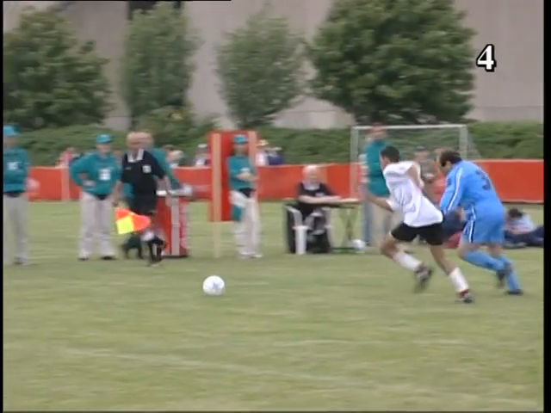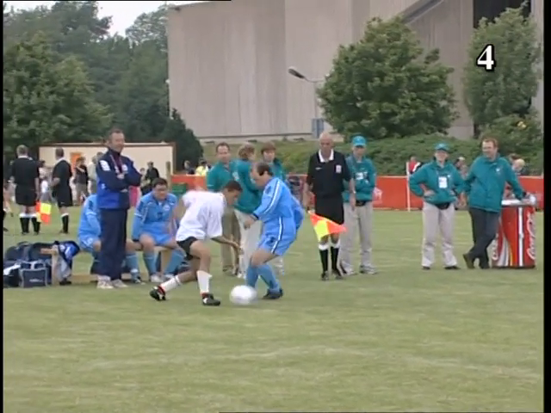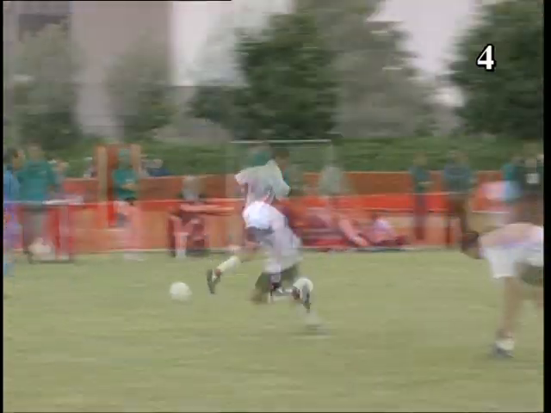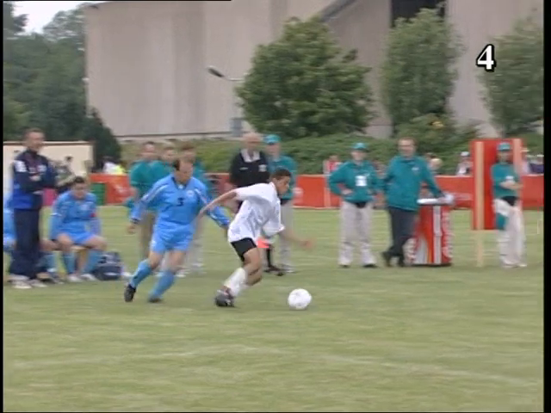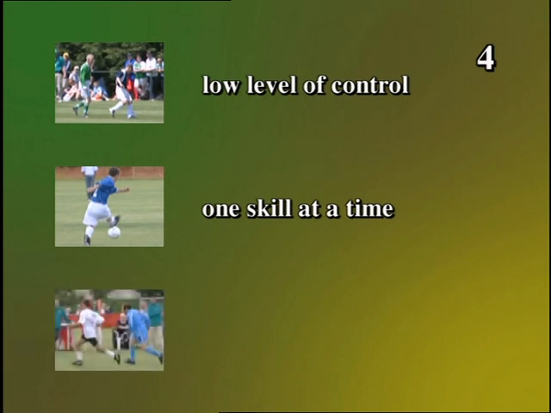This example also highlights the importance of divisioning, as the player in blue clearly can't keep up with the tempo of his opponent and would probably do much better against a more even contestant. So, to summarise, a level 4 player has low level of control over the ball, can only deal with one skill at a time, and finds it difficult to time movements accurately.